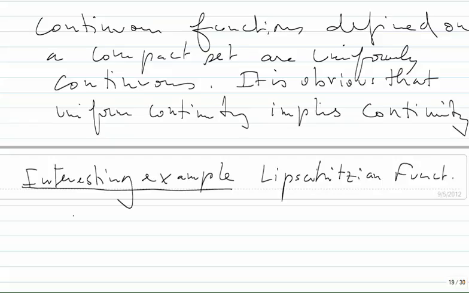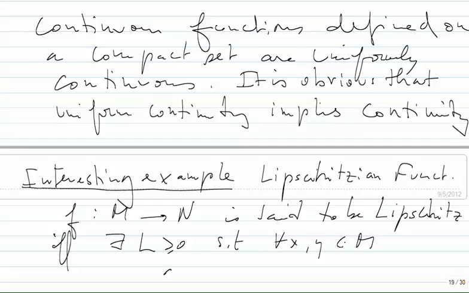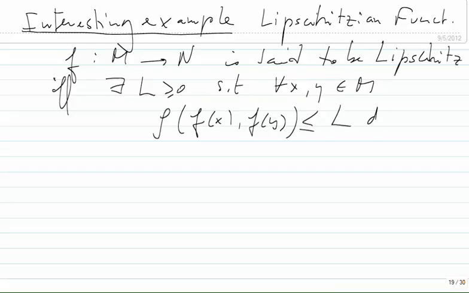So, first let us give a definition. f defined from M to N is said to be Lipschitz if and only if there exists a constant L positive such that for any x and y in M, the distance of f of x to f of y is less than L times the distance from x to y.